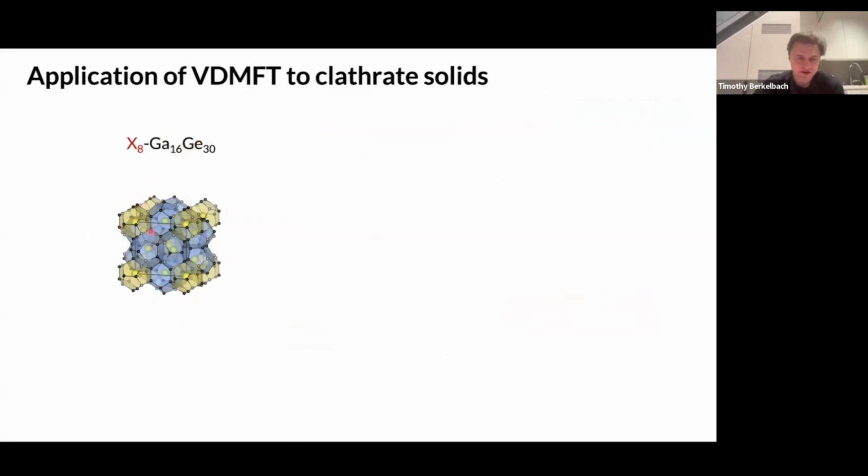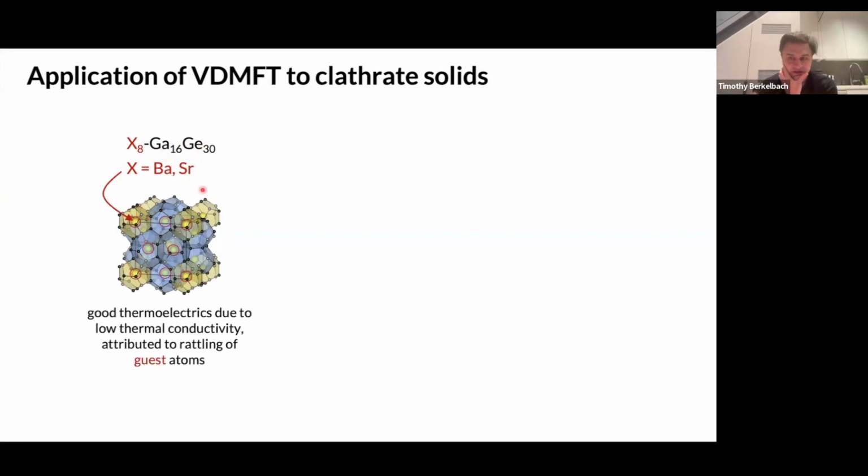So that makes sort of the spheres that you see here that make this framework. And then inside of this framework of sort of spherical cages, one can place guest atoms inside of these Clathrates. So these guest atoms X for this gallium germanium version are commonly barium or strontium. And again, they live inside of these Clathrate cages.